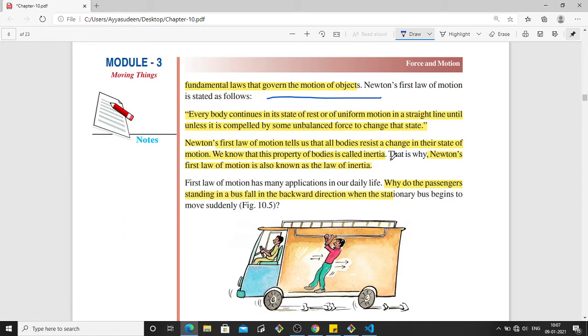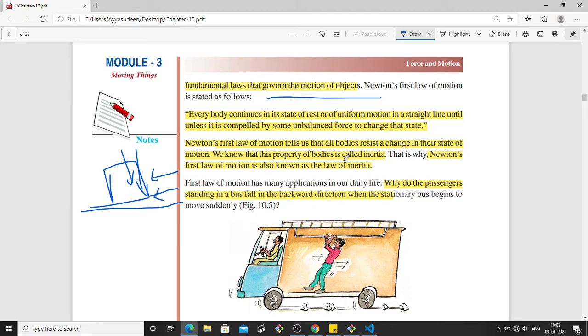The first law of motion states that every body continues in its state of rest or of uniform motion in a straight line until it is compelled by some unbalanced force to change that state.